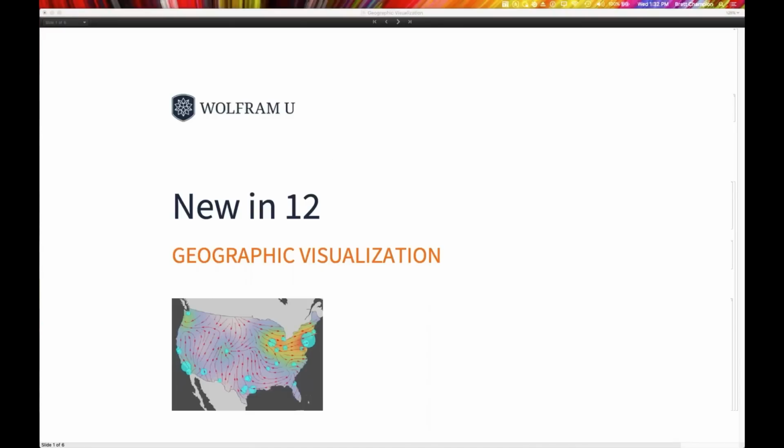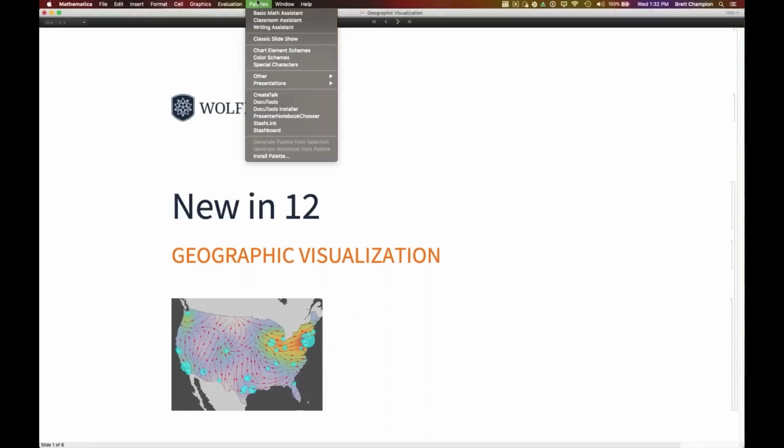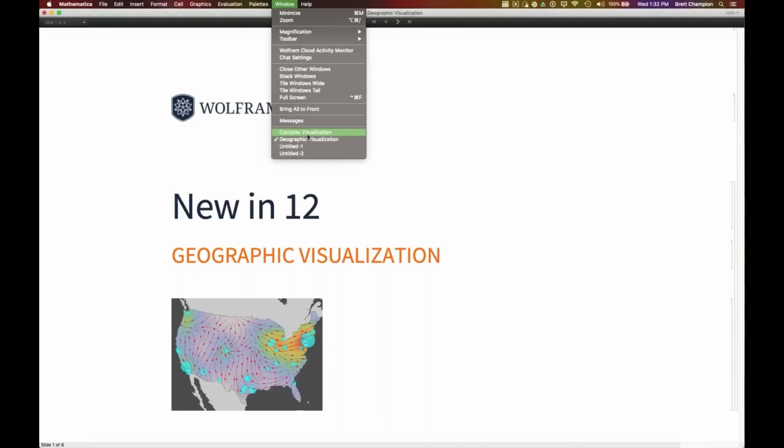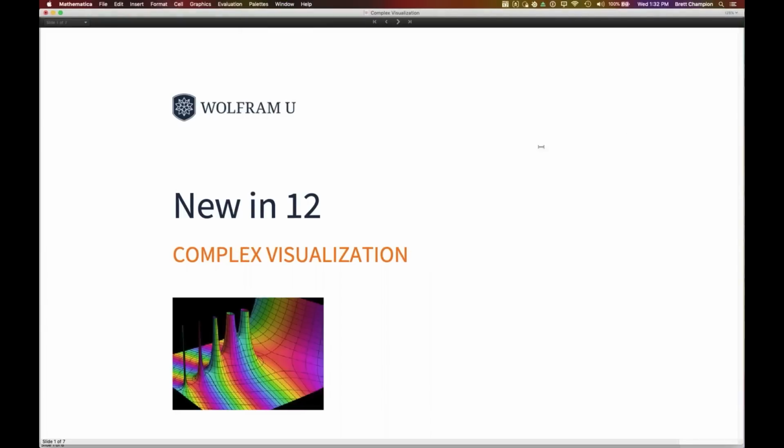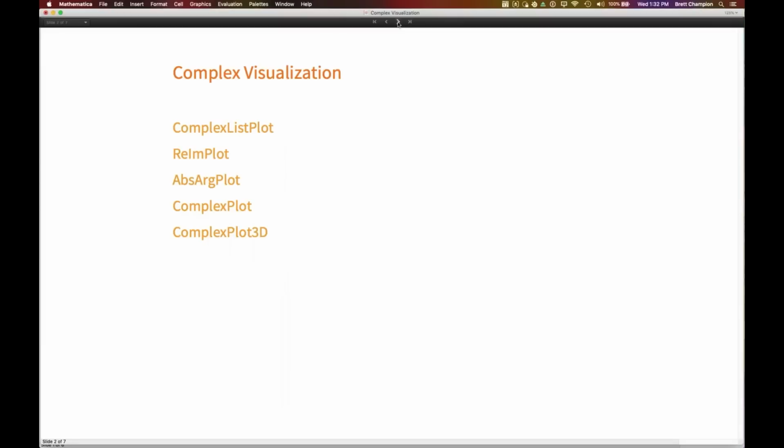Okay, so I'm going to try to tackle a couple of the questions that have come up. Starting with the complex visualization. A few of the questions that come up are with regard to the use of color in the complex visualizations.